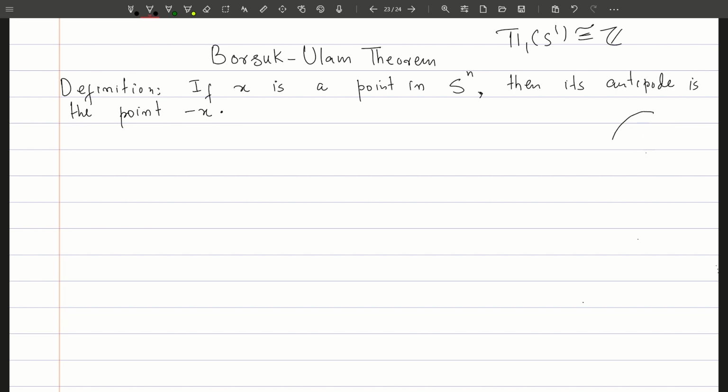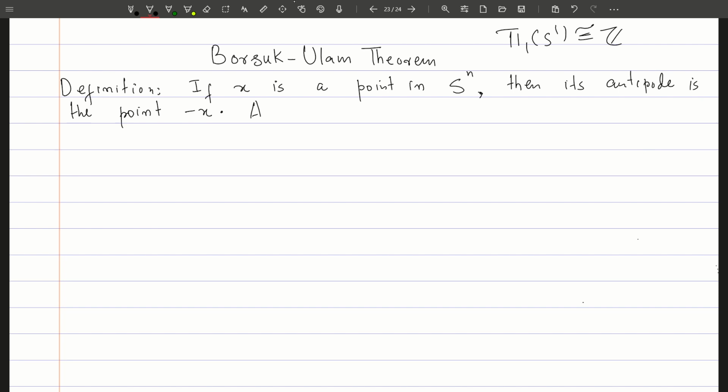Similarly, if we take S2, the boundary of a three-dimensional ball, let us pick any point, suppose here. If this is the point z, its antipode will be this point here, minus z. So again, any point on this sphere has an antipode.